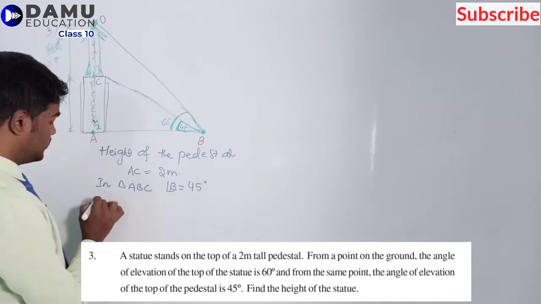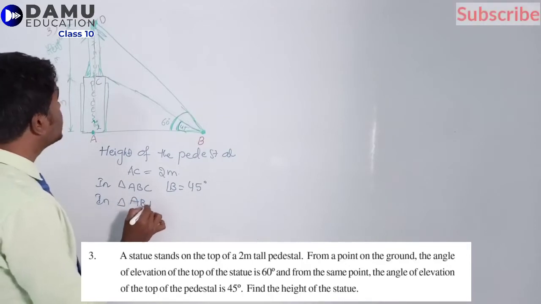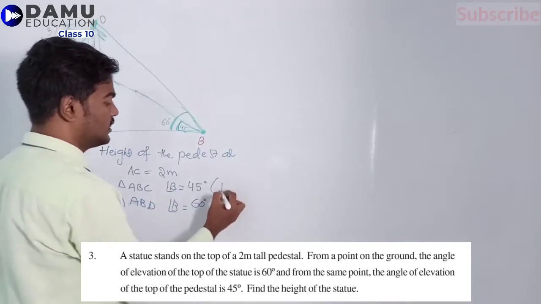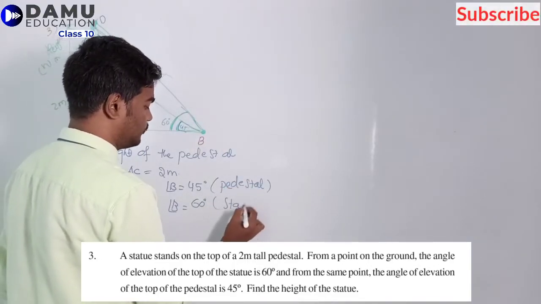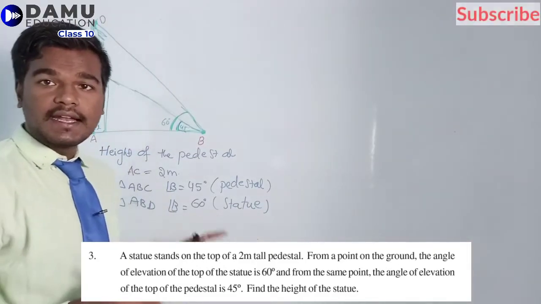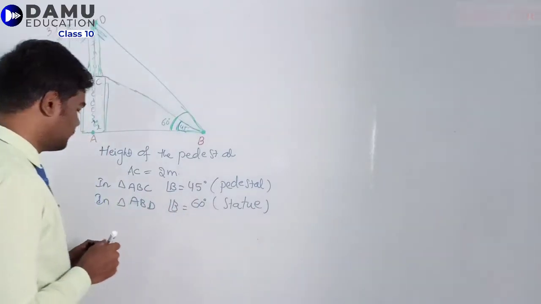Then in triangle ABD, the angle of elevation is 60 degrees. This is for the pedestal, this is for the statue. So these are the two things, pedestal and statue, with angles of elevation 45 degrees and 60 degrees correspondingly.